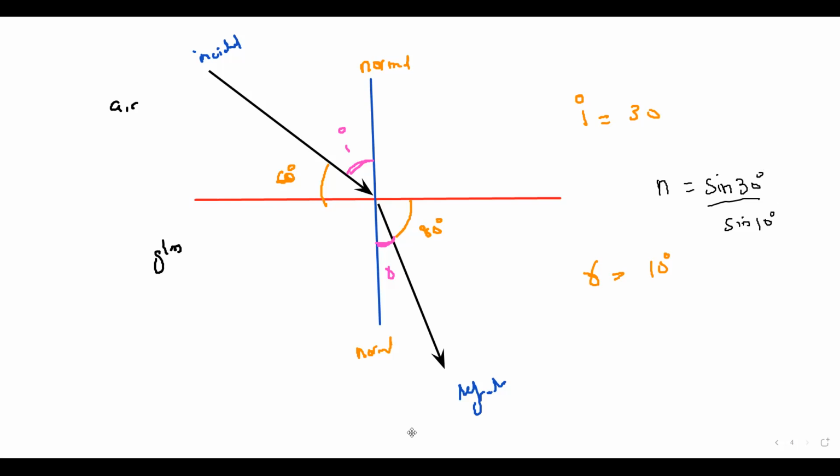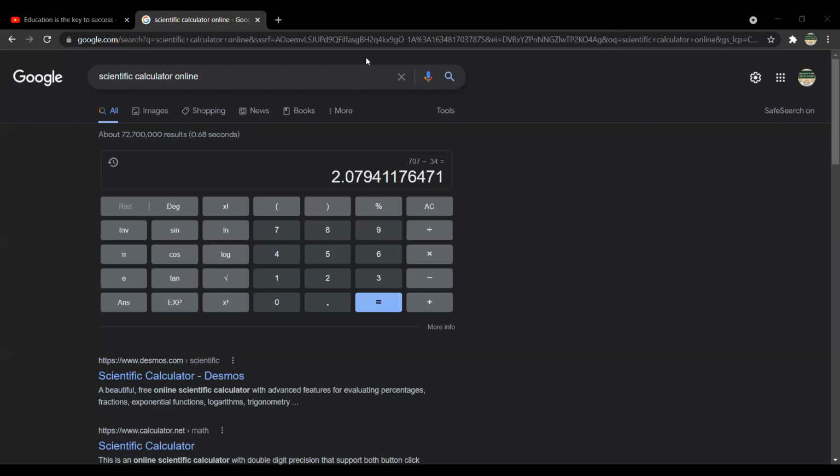So we'll use a scientific calculator, sine 30 divided by sine 10. So the refractive index which we want to calculate is equal to sine 30 divided by sine 10.